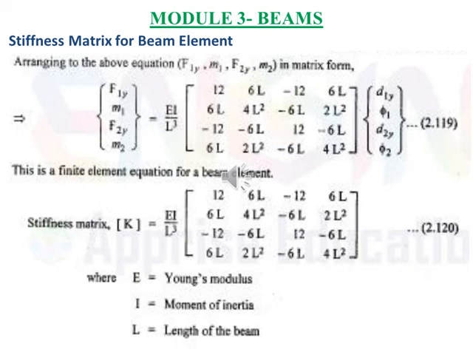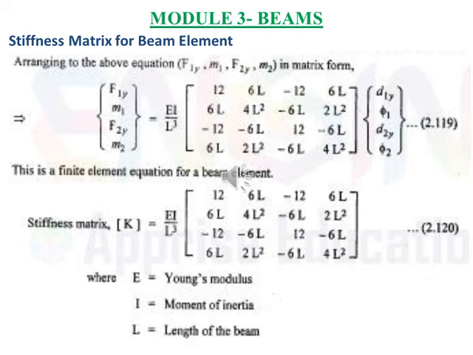So EI by L cube is common throughout. So EI by L cube into 12, 6L, minus 12, 6L; 6L, 4L square, minus 6L, 2L square; minus 12, minus 6L, 12, minus 6L; 6L, 2L square, minus 6L, 4L square, into d1y, phi 1, d2y, phi 2.